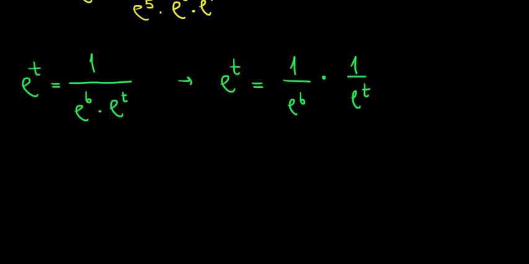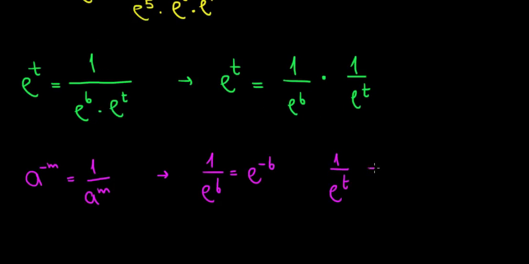Why did we write so? Well, we did so because we want to use that power rule of ours where a to the power of minus m equals 1 divided by a to the power of m. So 1 over e to the power of 6 equals e to the power of minus 6, and then 1 over e to the power of t equals e to the power of minus t.